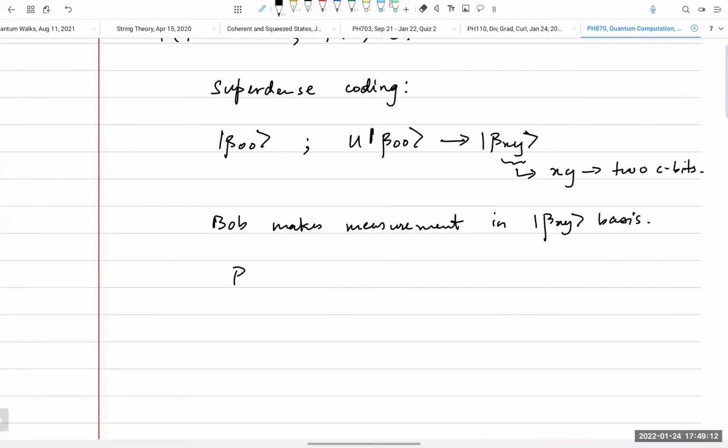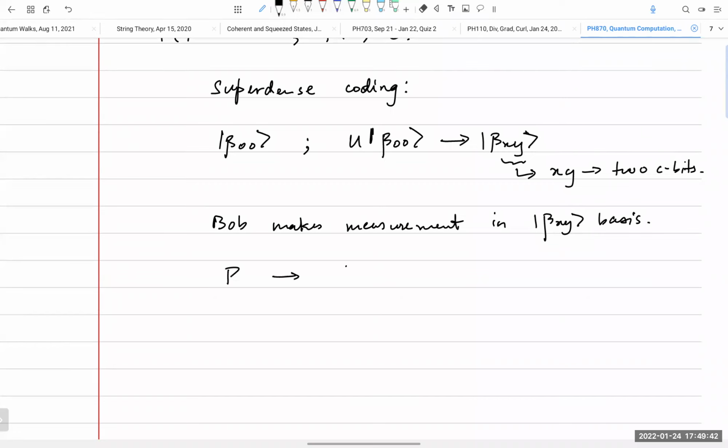So what does Bob find? When Bob makes a measurement, there are four possibilities. What will be the different probabilities? The probabilities will be one and three zeros, right? Because what will be the various probabilities?